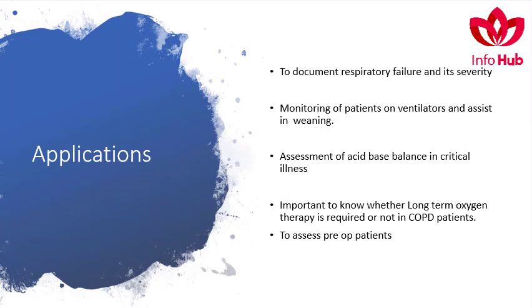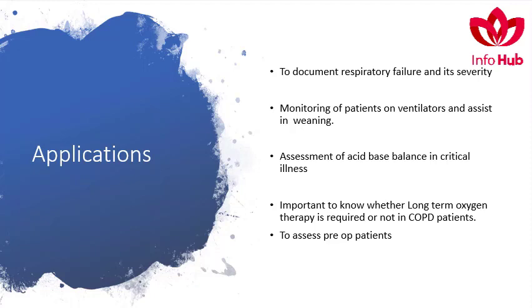So the applications or the use of arterial blood gases is to document respiratory failure and to know its severity. Like ARDS, acute respiratory distress syndrome, is a condition which we classify on the basis of arterial blood gases.